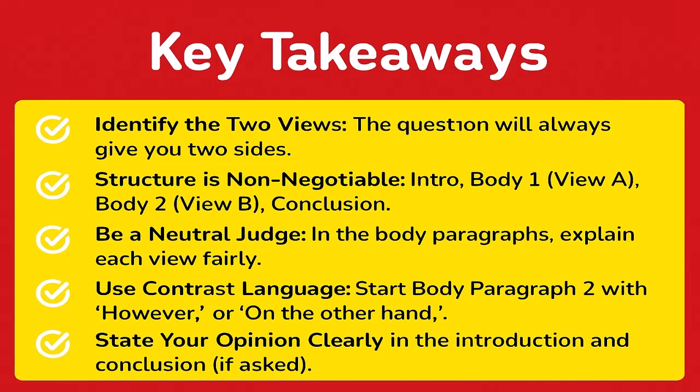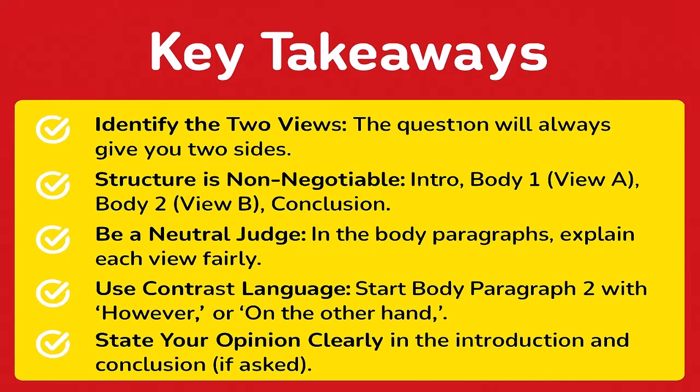So, to sum up, what are the absolute key things to remember to succeed in a discussion essay? 1. Identify the two views. The question will always give you two sides to discuss. Make sure you understand what they are. 2. Structure is non-negotiable. Stick to the tried and true 4-paragraph structure. Introduction, body paragraph 1, discussing view A, body paragraph 2, discussing view B, and then the conclusion. 3.